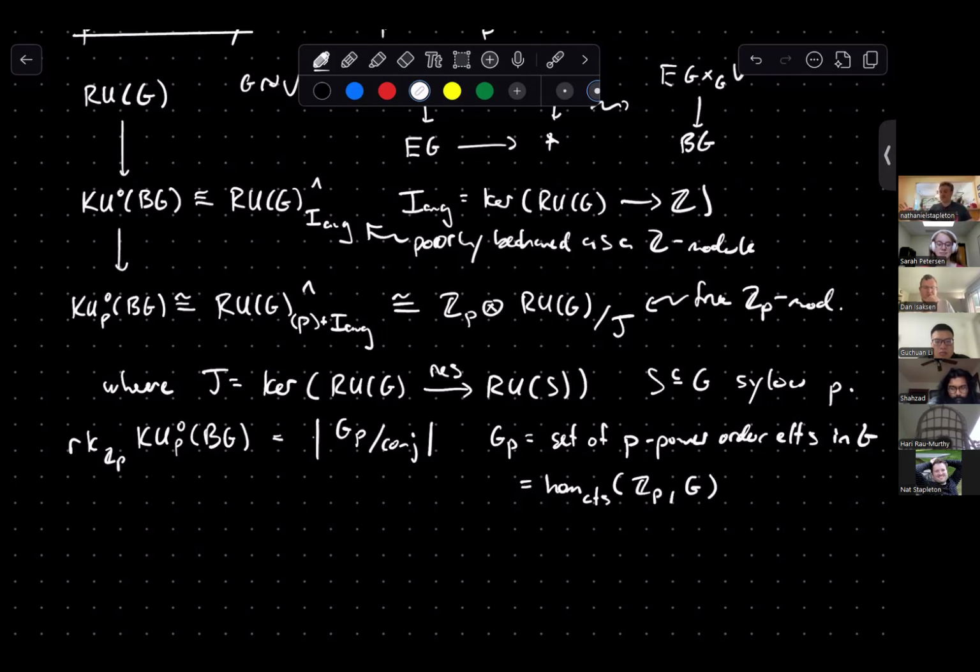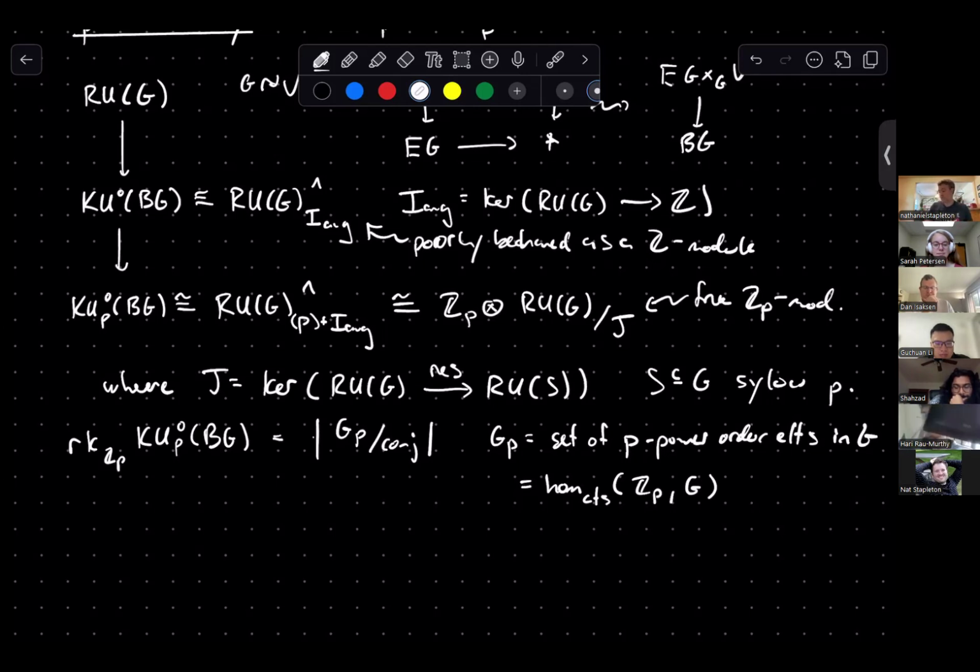So the set of abelian group maps from Z into G is just G again, right? I just need to choose a generator of Z to get a bijection of that sort. A continuous map from ZP to G has to factor through Z mod P to the K for some K because G is a finite discrete group.